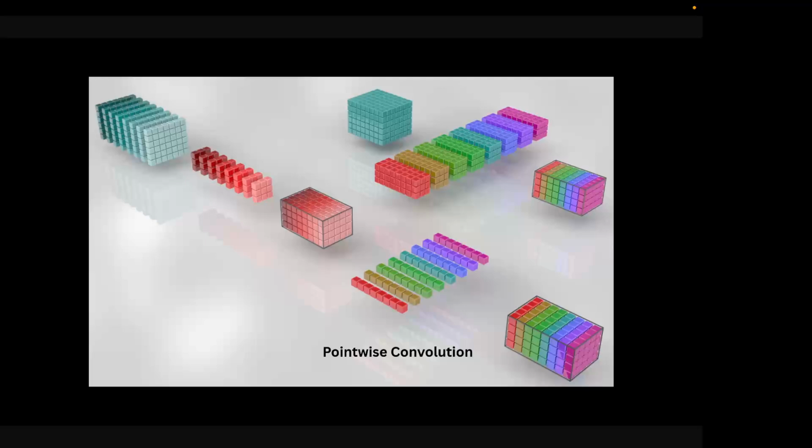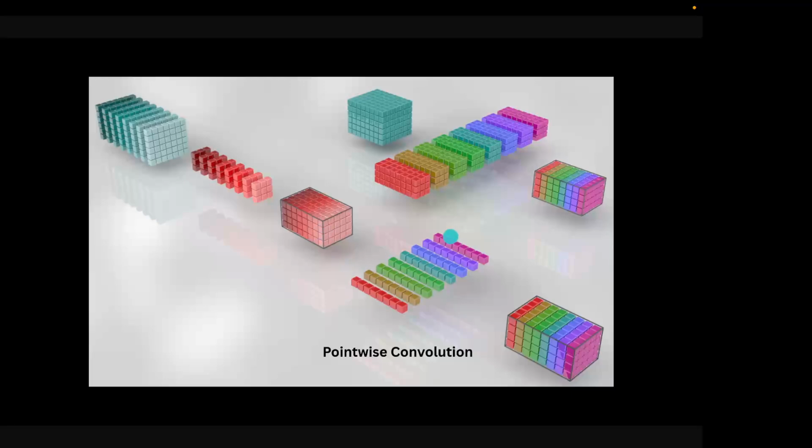So there is a solution. The solution is to add a pointwise convolution after the depthwise convolution. Pointwise convolution is a one by one convolution. It is actually just used to recalibrate the feature map here.